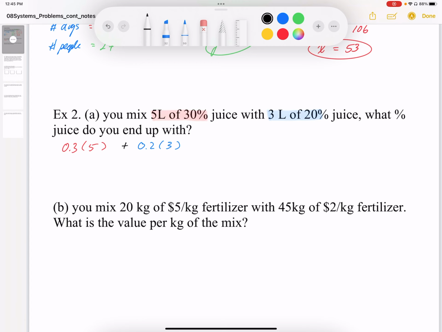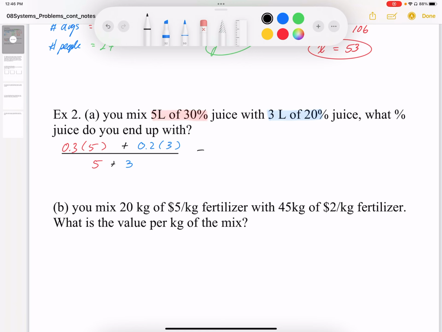Now we can divide this by the total volume, and that's going to give us the percentage. The parts of juice divided by the total volume is going to give us the percentage juice. In this case, the total volume comes from 5 liters of the 30% plus the 3 liters from the 20%.